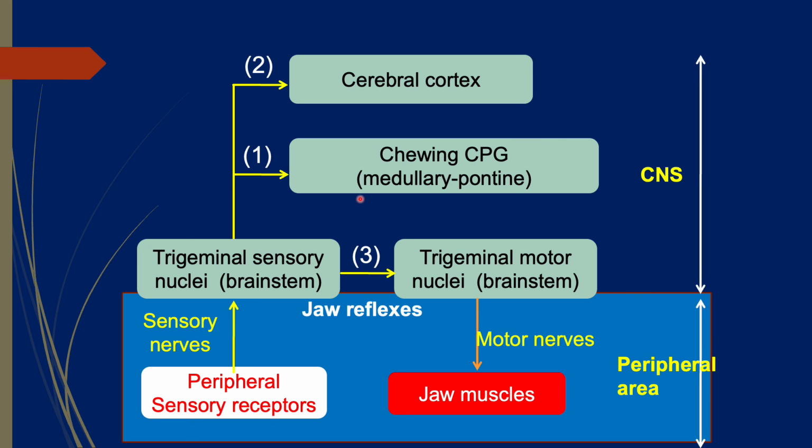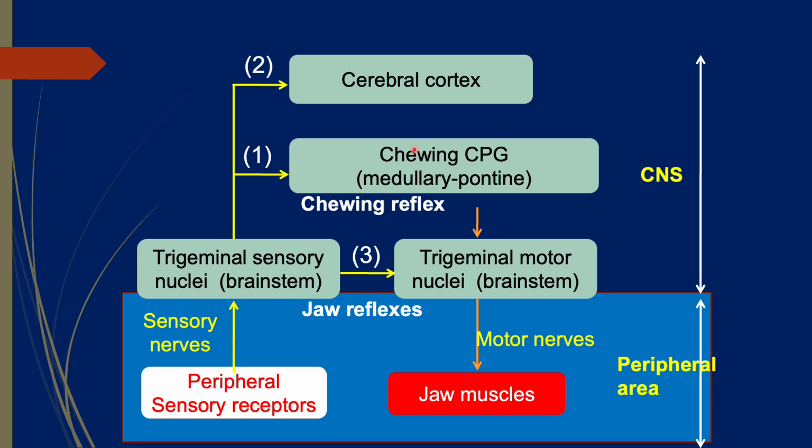At the higher center, the brainstem and cerebral cortex work together to evaluate incoming information. The activities of the central pattern generator determine the precise muscle coordination to generate the rhythmic chewing movement, which is called the chewing reflex.